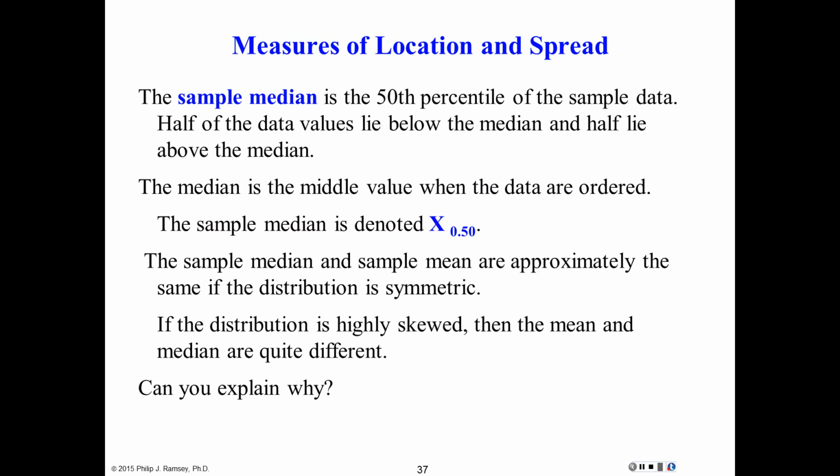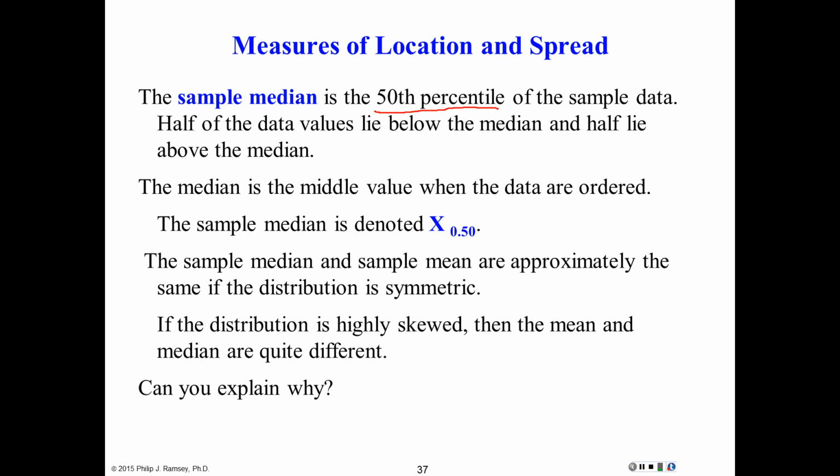Okay. Well, the second most common way we measure where the location is centered or located, we can use both terms, is called the sample median. The median is always the 50th percentile.